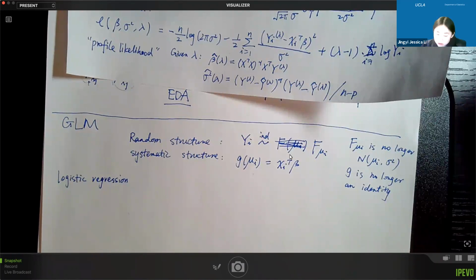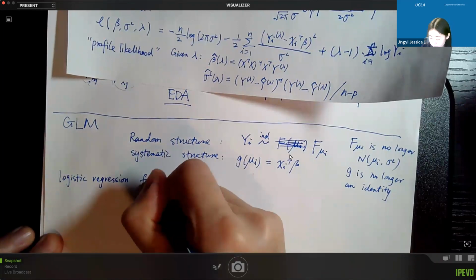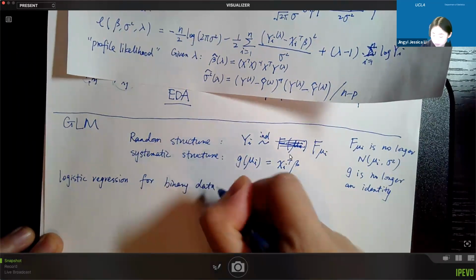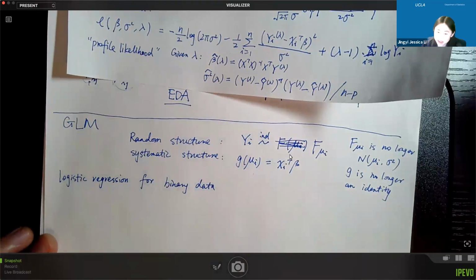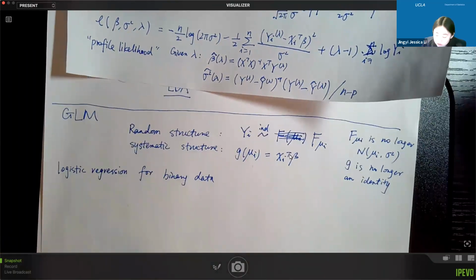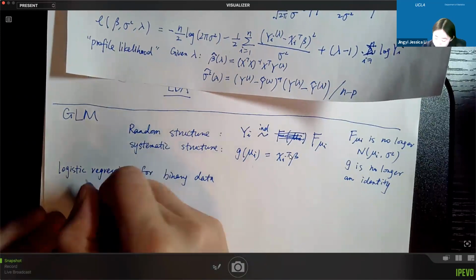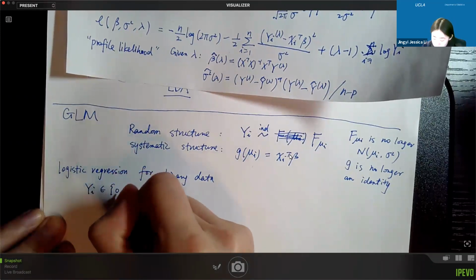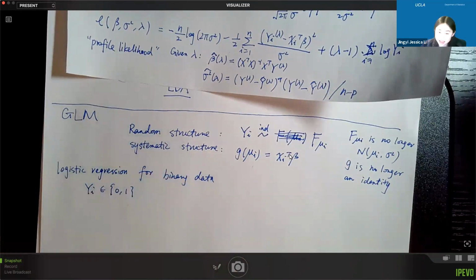Okay, so first of all, let's talk about logistic regression for binary data. And then we will talk about its extension for count data, not binary data. For binary data, each response is binary, taking two values, 0 or 1. And many data are like that.